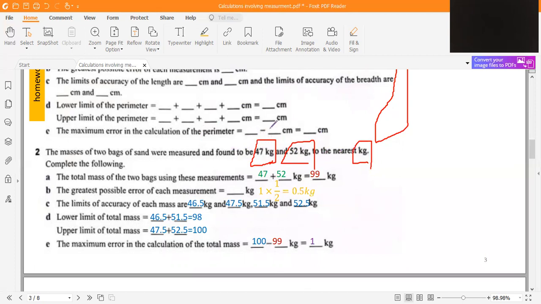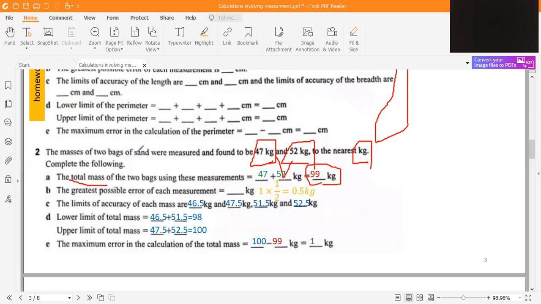Normally we use the last significant figure for each one. First, the total mass is equal to the sum. We add the two measurements, the masses of the 2 bags, to obtain 99 kilograms as the true total mass of the 2 given bags.